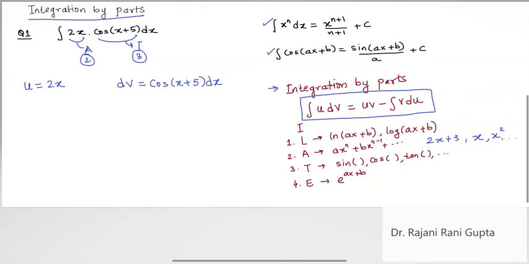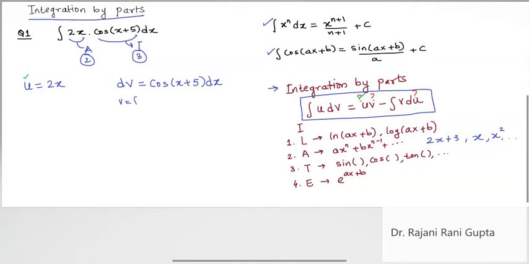Now what does the rule say? In the rule, we need the value of u, we need the value of v, and we need the value of du. U we already have from the question, but we don't have v. Now we have dv. From dv, how do we get v? Yes, we have to integrate.